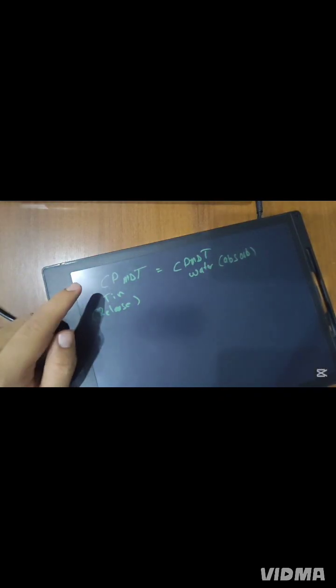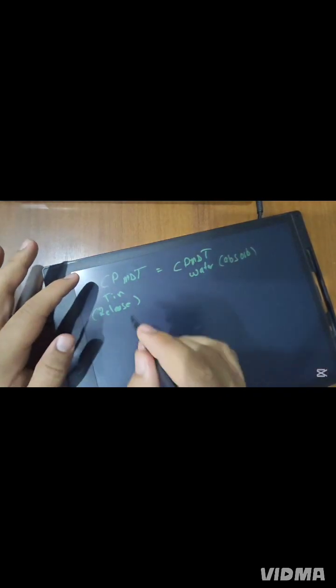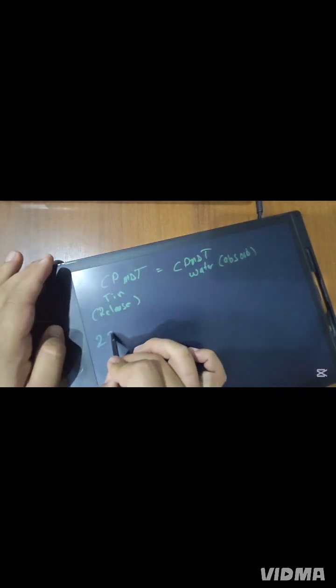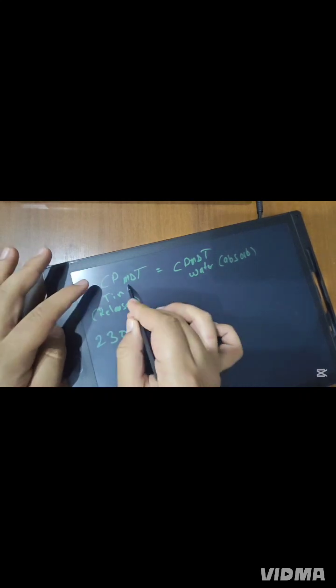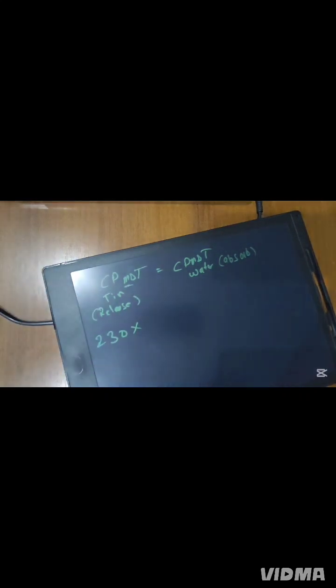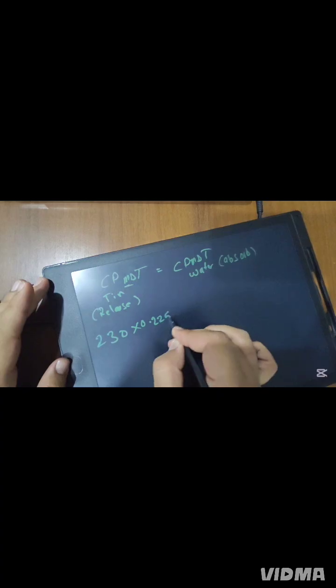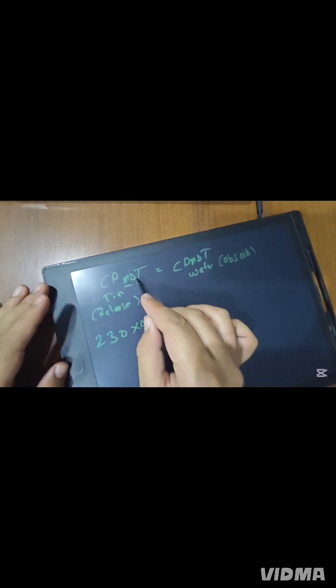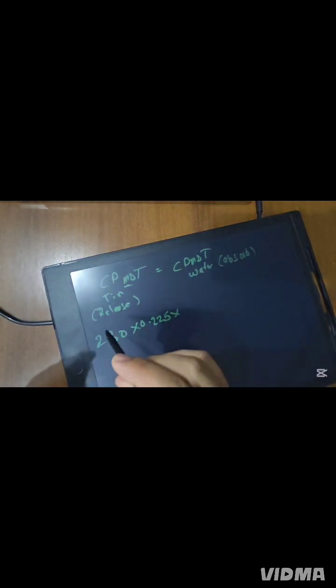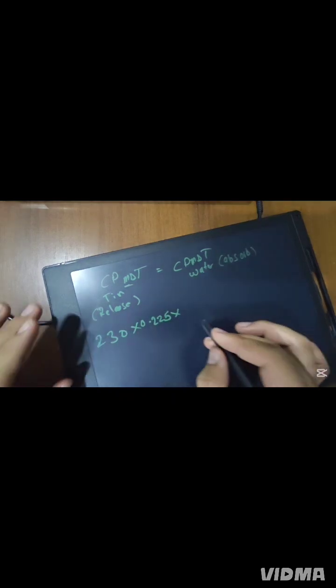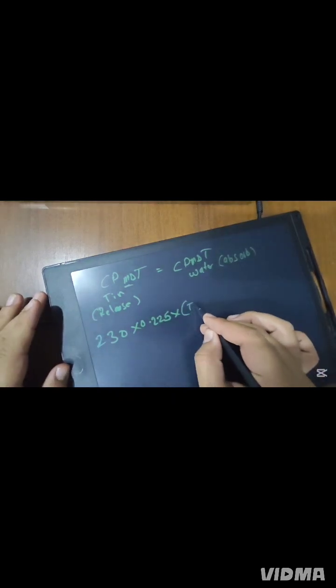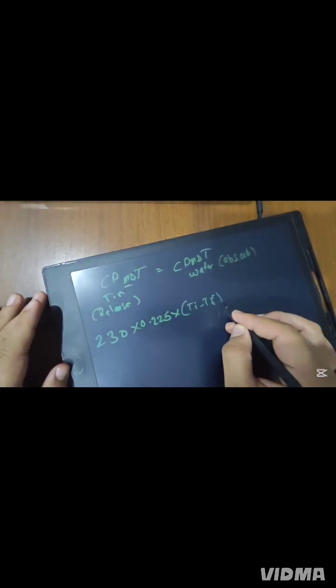The Cp of this object, the question gave us, it was 230 times the mass of the object, 0.225, times delta T. Because this object is losing its energy, delta T becomes Ti minus Tf, equal.